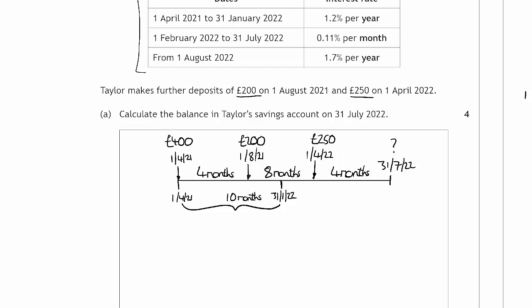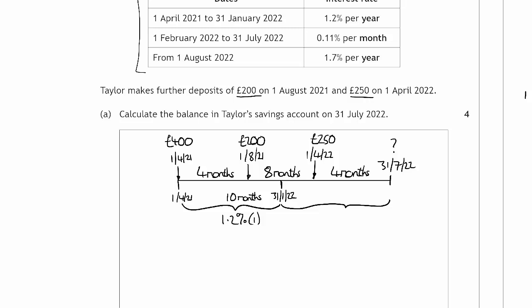What you have to make sure is that you look at what day it is. Sometimes it's the 1st of the month, or sometimes it's the last. Obviously, if it's the last of the month, we're adding 1 month to it, and that's at 1.2% per year. We've then gone from the 1st of February, essentially just after the 31st, to the 1st of August, which takes you right up to when we're looking in to see how much we've got.